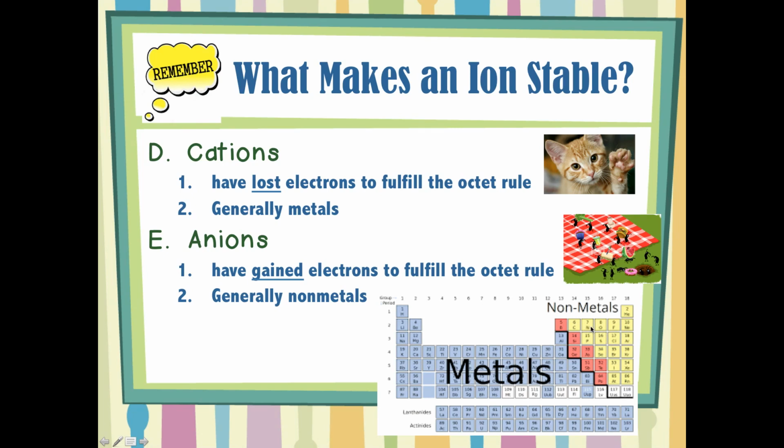So it's going to be less energy to fill the p sublevel and be like the noble gases, instead of getting rid of all of the p, all of the s, and going backwards. So again, trying to make connections of why elements do what they do, with some more context of electronegativity and nucleus and their valence electrons and electron configuration. All of that comes together to help us understand bonding a little bit more.